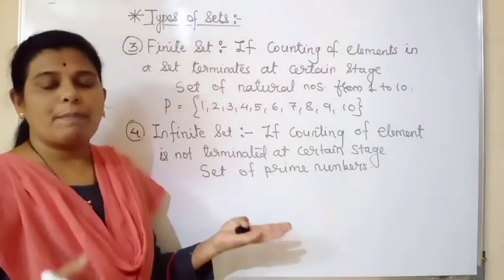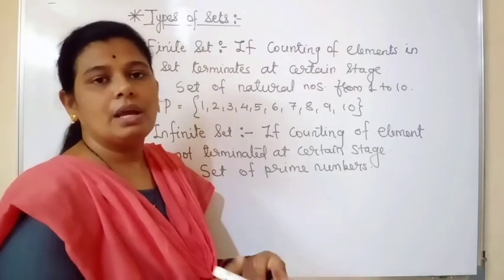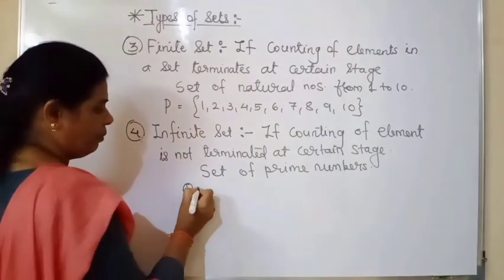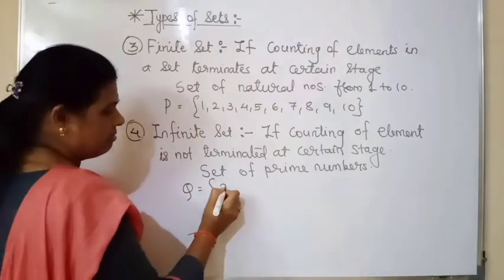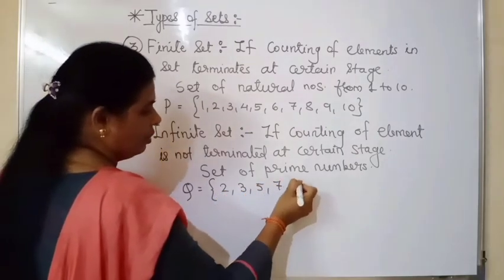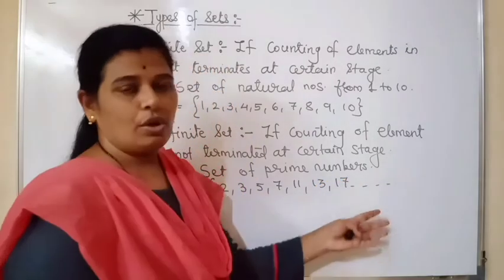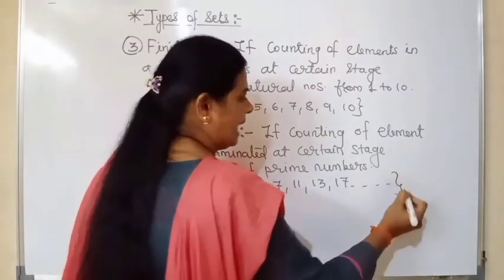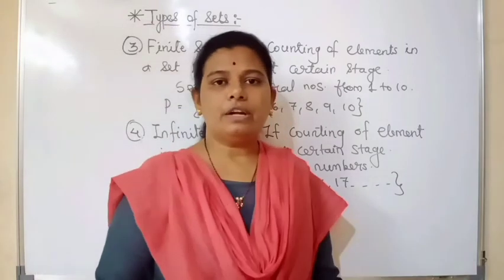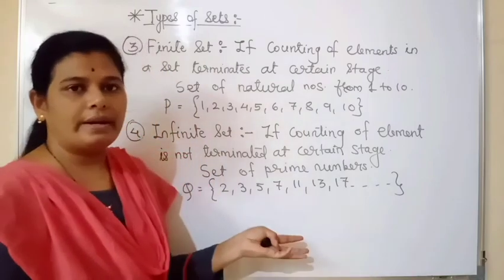It is not given up to where we have to make the set of prime numbers, whether there is any limit. There is no limit given to us. So if I give a name to a set, that is set Q, I will just go on writing the set of the prime numbers without any limitation, and this will be continued further. So this set is endless. No end is there to this set. A set which has no end is called an infinite set.